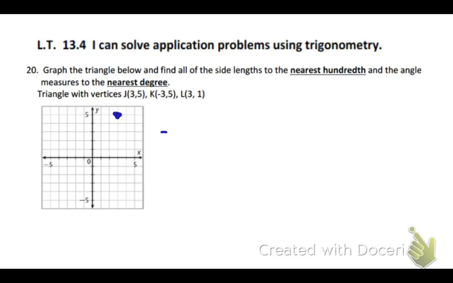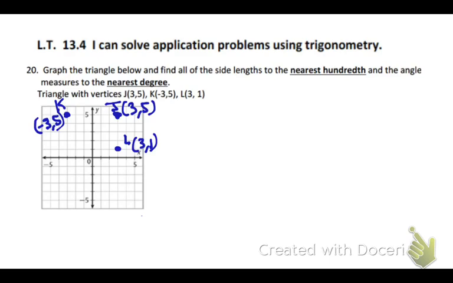Okay, so that's J. That's 3, 5. Okay, then we have K, which is negative 3, 5. And then we have L, 3, 1. Okay. So, let's see what we got here.